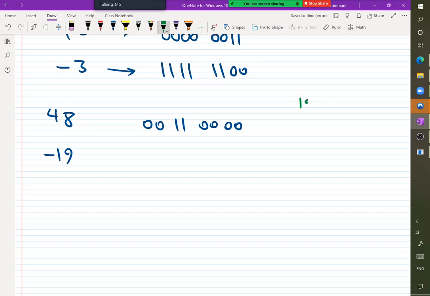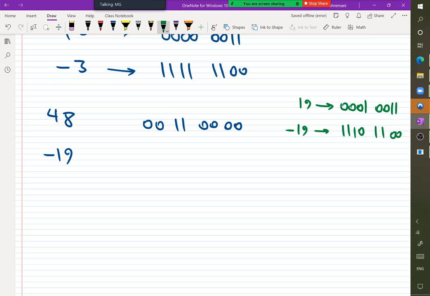19 is equal to 0, 0, 0, 1, 0, 0, 1, 1. In one's complement, negative 19 will be 1, 1, 1, 0, 1, 1, 0, 0. So this one is negative 19.